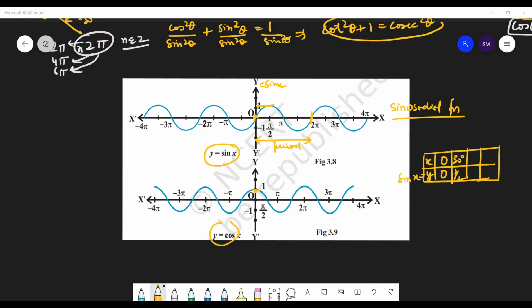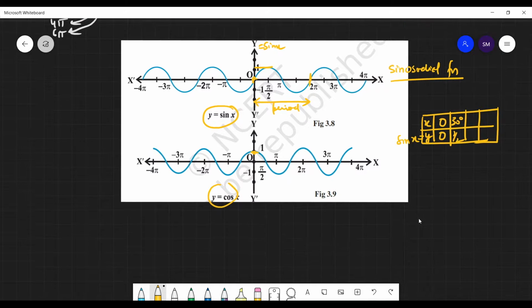So that you already know. Have you understood? And using these values, you can draw the graph. Graphs are always drawn by plotting points. For a straight line, only 2 points are sufficient, but for curves, we need more points.